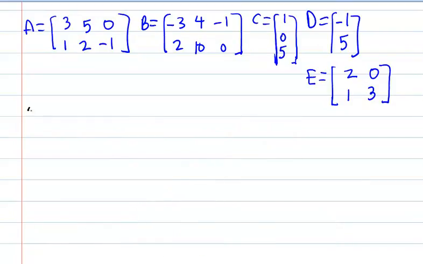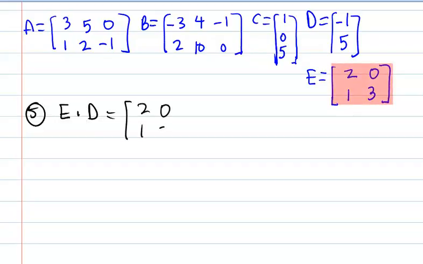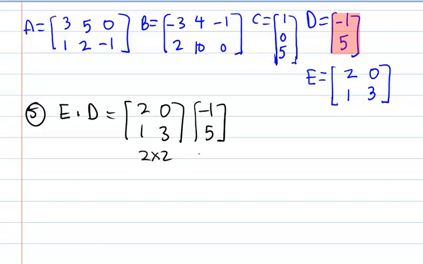Okay, problem 5. I'm going to take E times D. So E is a 2 by 2. D is a 2 by 1. And I have the inner dimensions matching up.